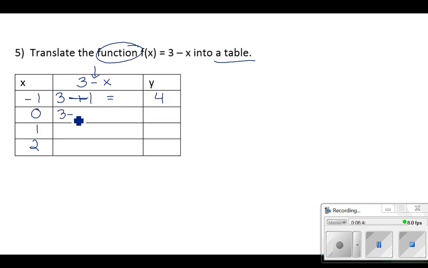And then 3 minus 0, which of course equals 3. And then 3 minus 1, which is 2. And then 3 minus 2, which is 1. And because it's asking for a table, we are finished.